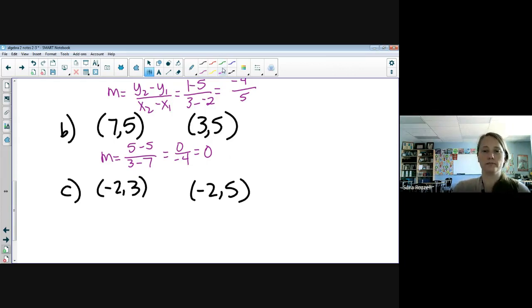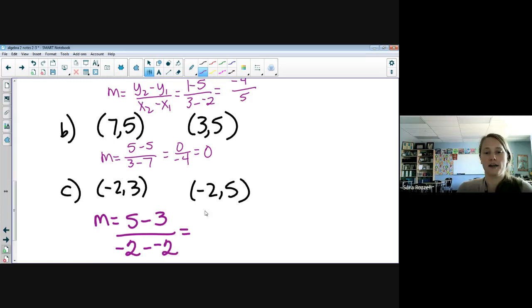Good job. All right, so let us work through this one and see what it is. Our y2 is 5. Our y1 is 3. Our x2 is -2. Our x1 is also -2. So 5 minus 3 is 2. -2 minus -2, remember our negatives make a plus, and that's going to be a 0 in our denominator.